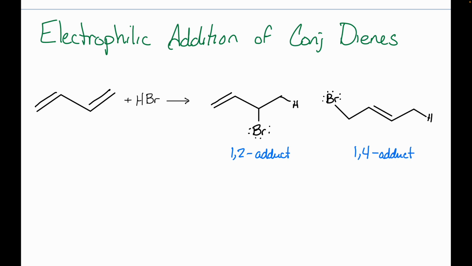Okay, so these are 2 possible products that we get from our electrophilic addition of conjugated dienes. Again, 1,2 because they're 1,2 carbons apart, 1,4 because they're 1, 2, 3, 4 carbons apart.